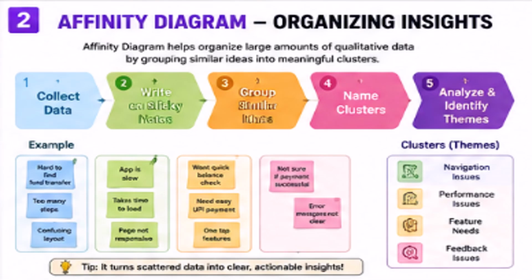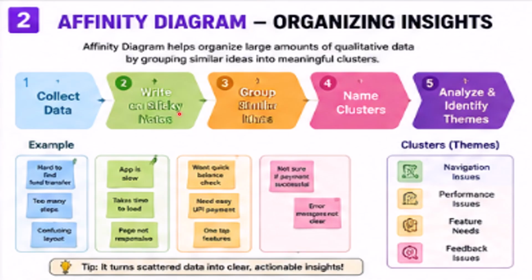Affinity diagram: organizing insights. An affinity diagram is a technique used to organize large amounts of qualitative data by grouping similar ideas into meaningful clusters. The process starts with collecting data or user feedback from interviews, surveys or observations.